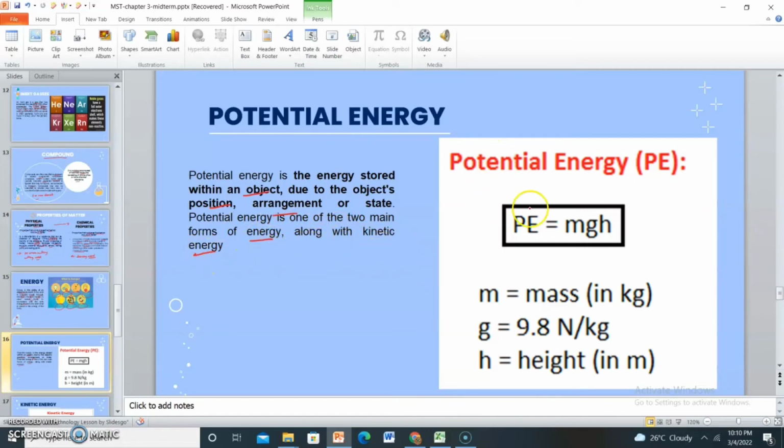The formula for potential energy is mgh, or the mass times the gravity, which is equivalent to 9.8 Newton per kilogram, and the height is in meter. So, always remember, pag height, dapat naka-meter. So, that is the formula of potential energy.